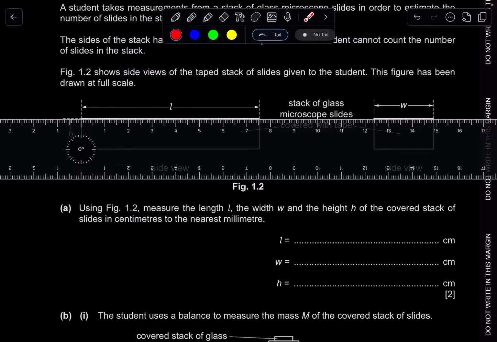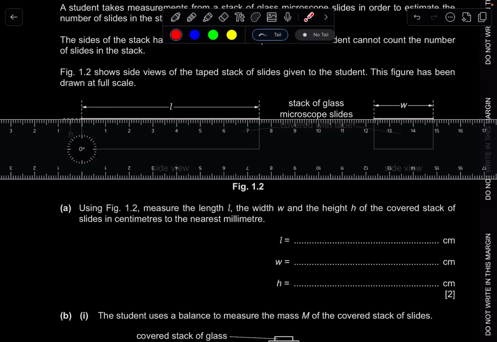The zero of the scale will be on one side like this, and the other side is at this one. From this point till this point, it's 7, sorry, it's 7.5. This is 7.5 centimeter. Units are already there.